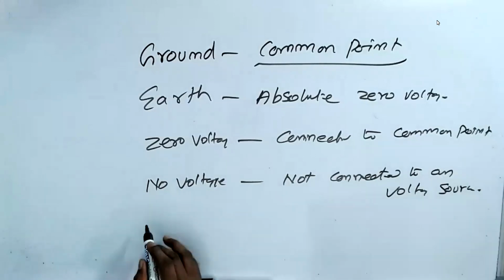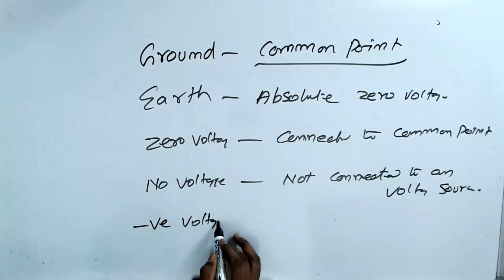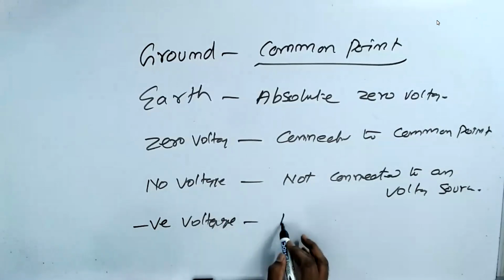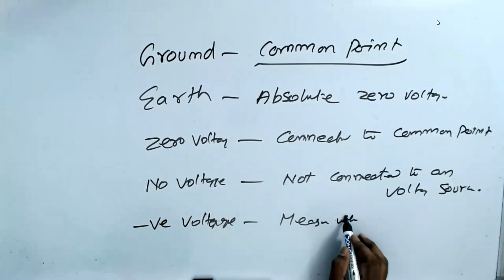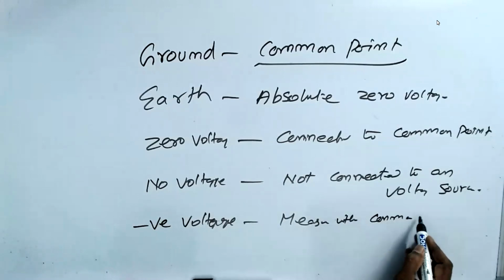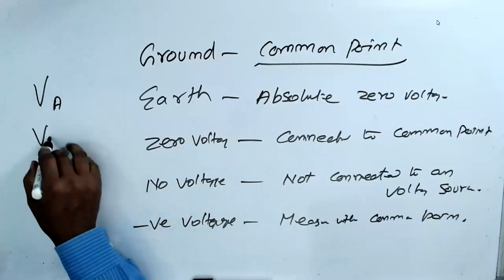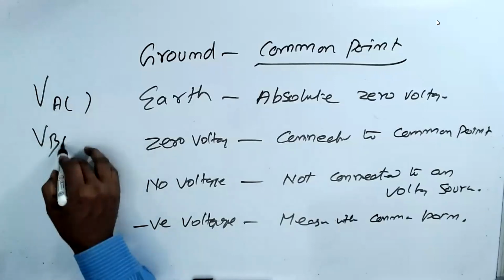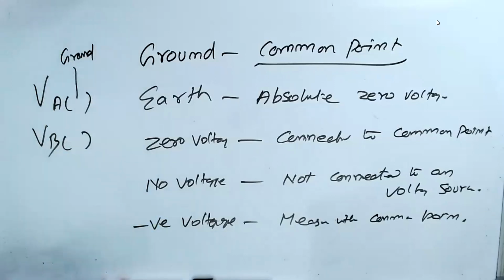Then we have discussed negative voltage, measured with respect to the common point. So if I give a single point, understand always, if I give a single point, VA or VB, the other point is ground or common point.